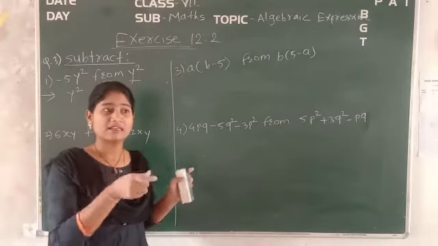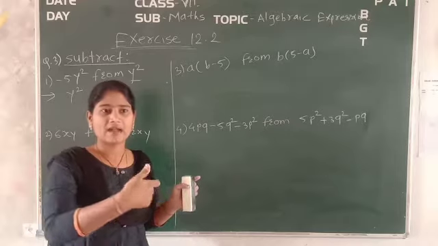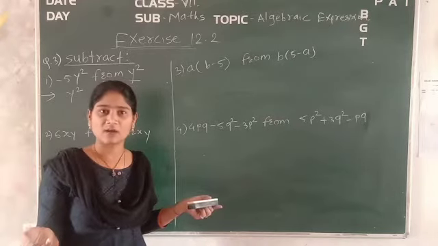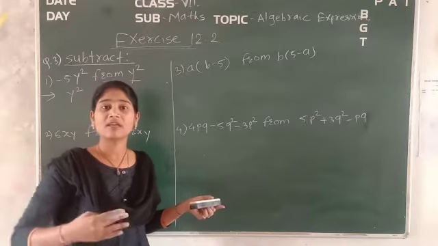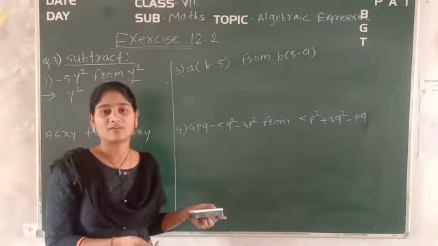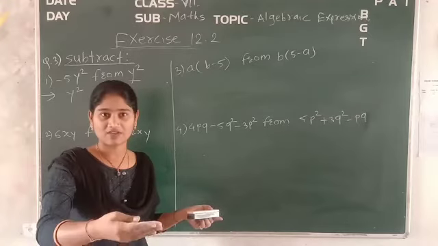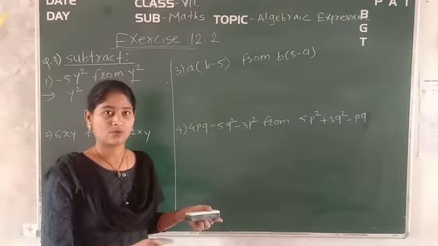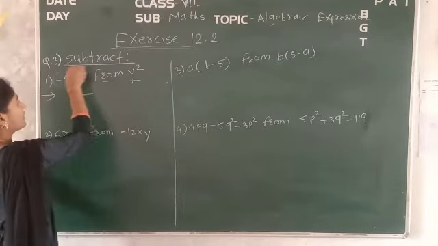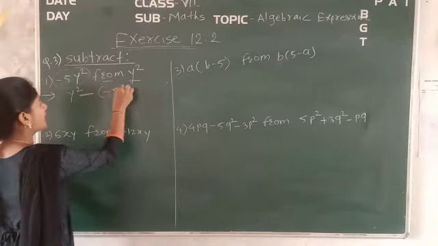Because in case of addition, if we keep the addition sign, there will be no effect on the numbers. But if we keep the sign of subtraction, it will affect a lot, because we have to multiply this subtraction sign with the other signs also. That's why we have to keep the minus sign, and whatever the first term will be there, it should be in the bracket as it is.